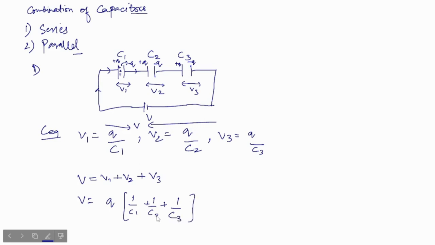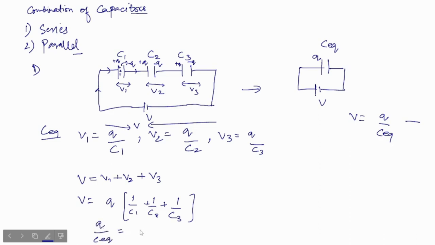If you draw this circuit in reduced form, this capacitor has capacitance C equivalent, the equivalent capacitance for the whole circuit, and the applied potential is V. So V will be Q upon C equivalent, and the charge will be the same. Substituting, Q upon C equivalent equals Q times 1 by C1 plus 1 by C2 plus 1 by C3.